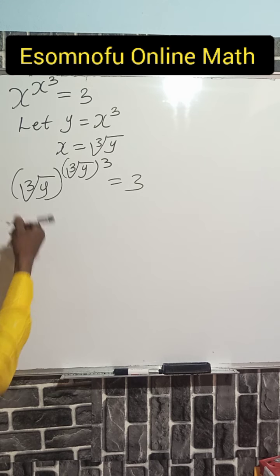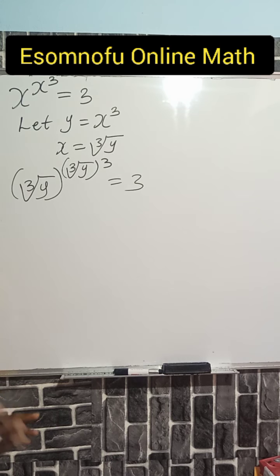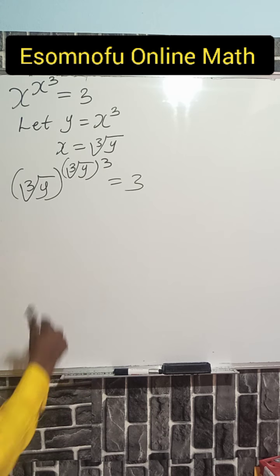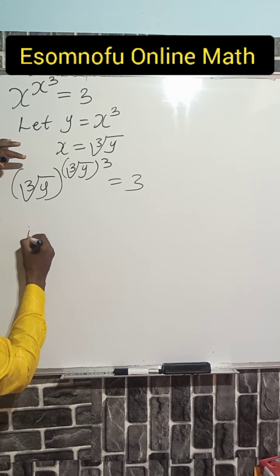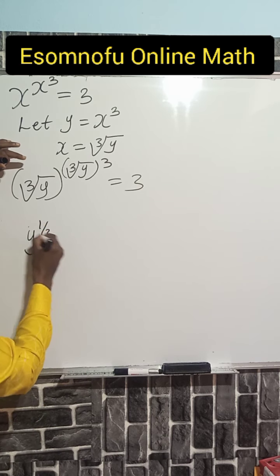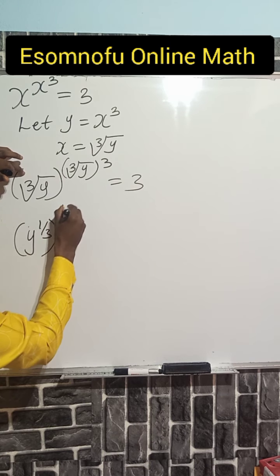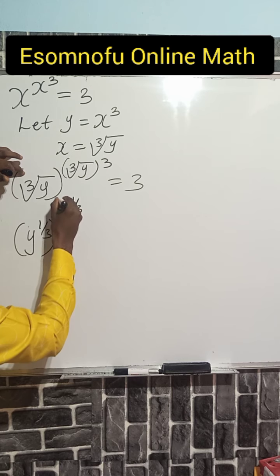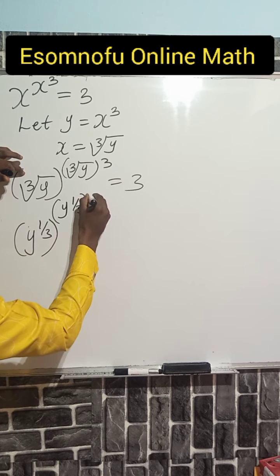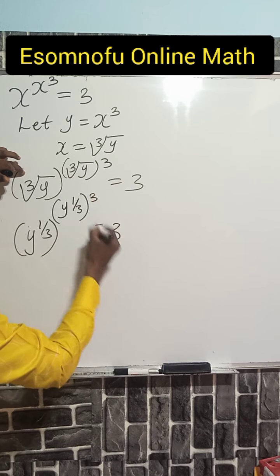Remember, cube root of anything means that thing raised to the power of 1 over 3. You should take note of that. So this is y raised to the power of 1 over 3 for this one here. Look at this again, I'll call it y raised to the power of 1 over 3. Then bracket 3 equals 3.